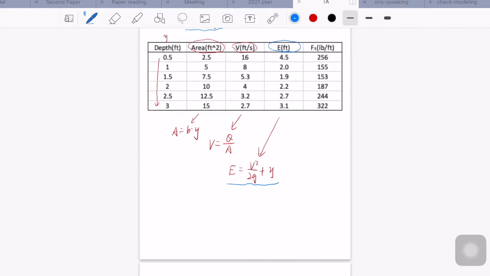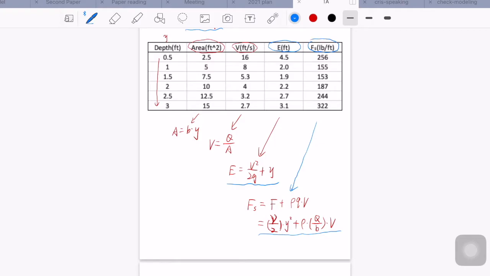And for the last one, the specific force column, we know the specific force Fs equals F plus rho times q times V. This equation also equals gamma over 2 times y squared plus rho times q, the flow rate over B, times V. So we can apply this equation to determine the values in the specific force column.